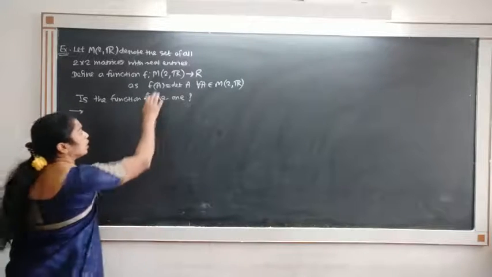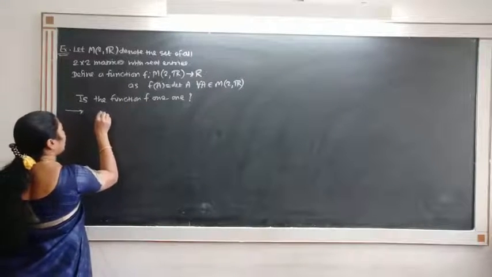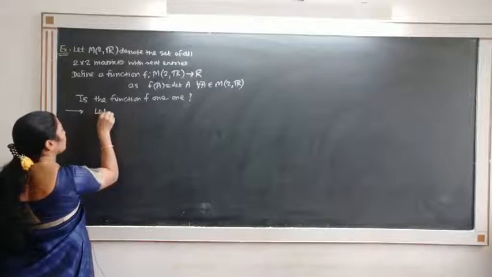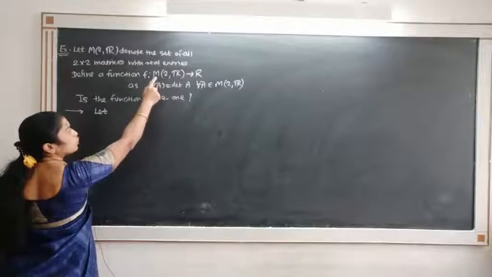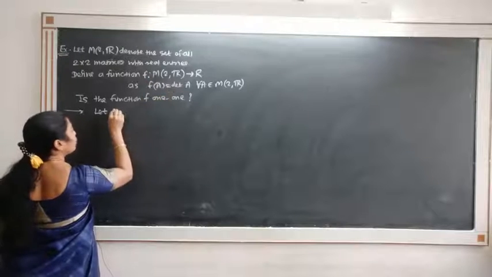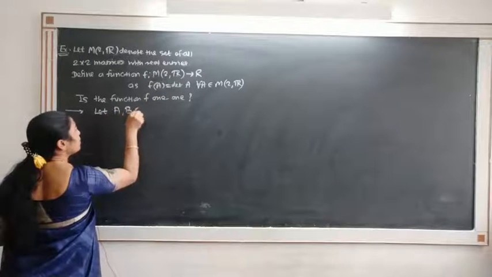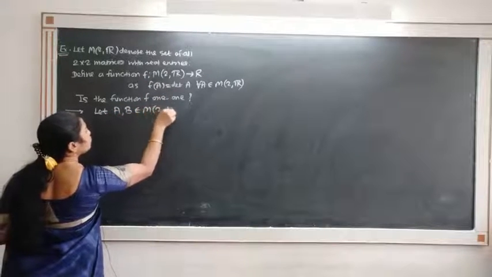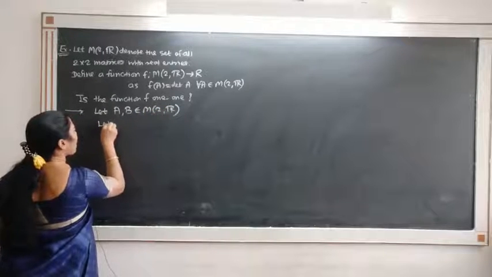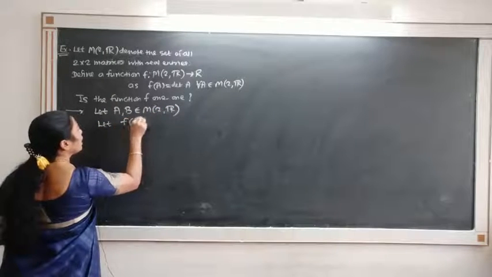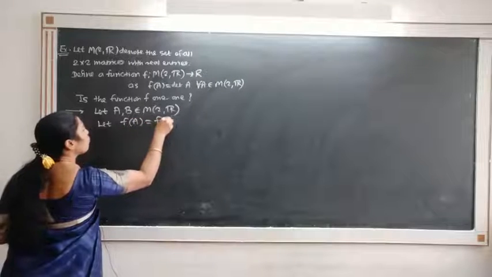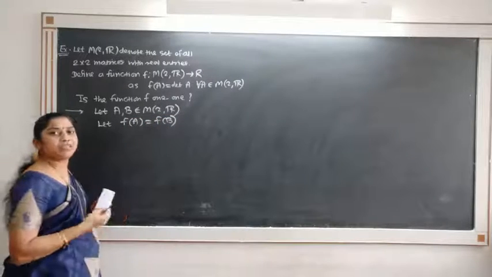So it is given that f of A is equal to determinant A. Start with 2 elements in M2(R). Let A and B belong to M2(R), and let us start with f of A is equal to f of B. Check whether A is equal to B.